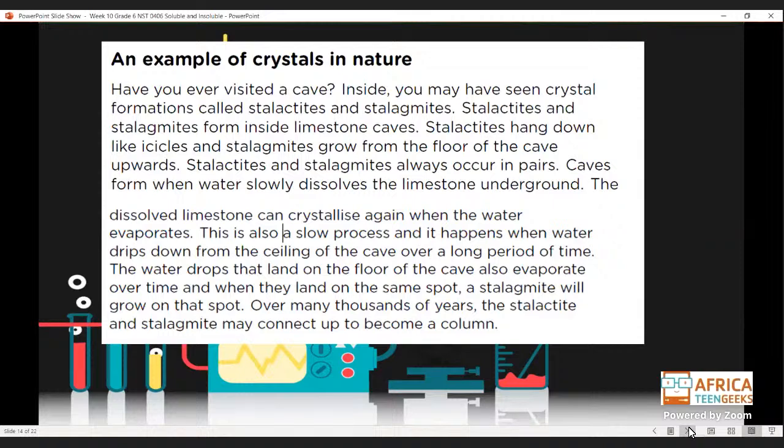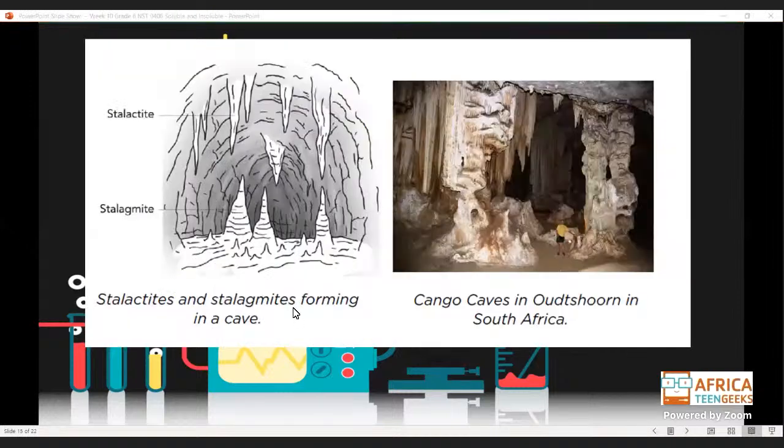If you look at, I just want to show you a picture. If you look over here, there you go, you can see we've got the Kango Caves in Oudtshoorn. They are actually quite awesome. Look at that. What do you think of that? Those things hanging like icicles from the top are your stalactites.